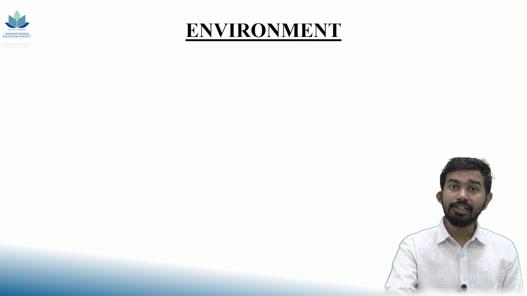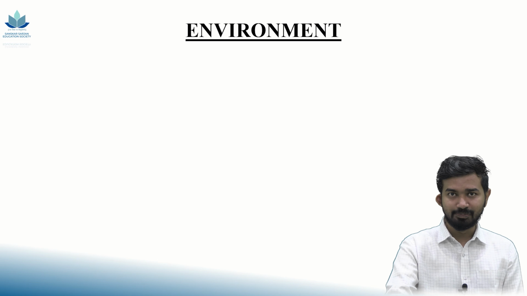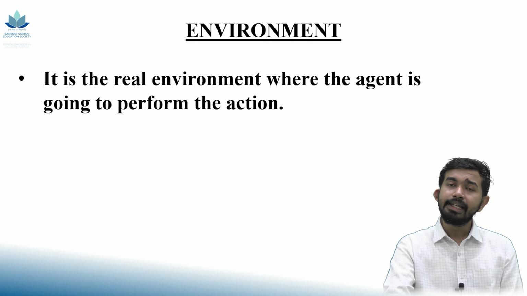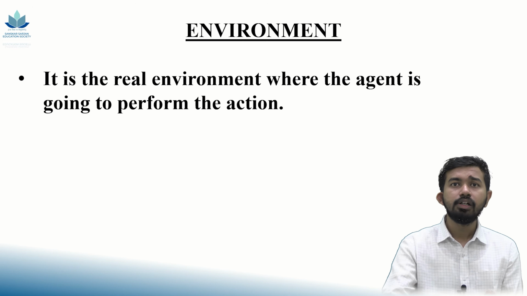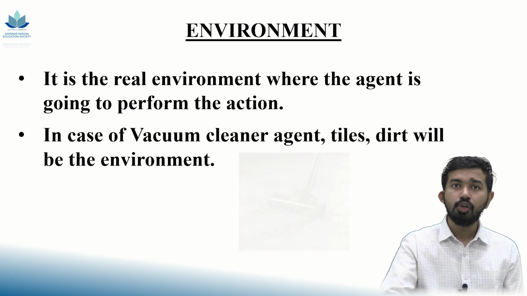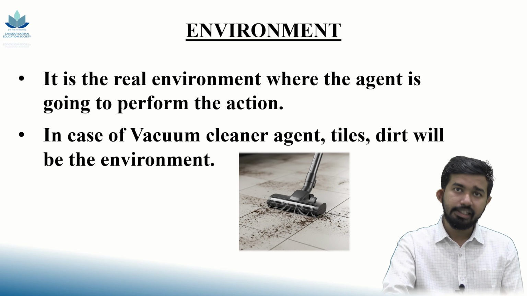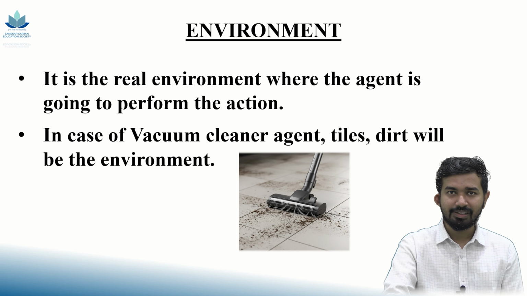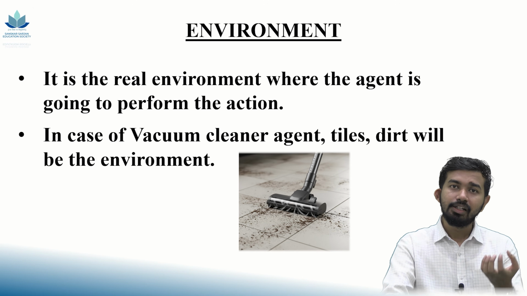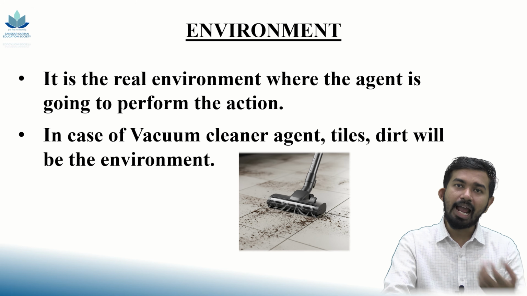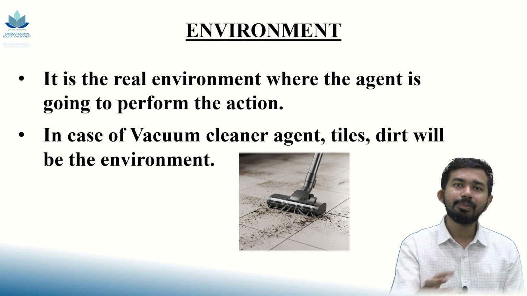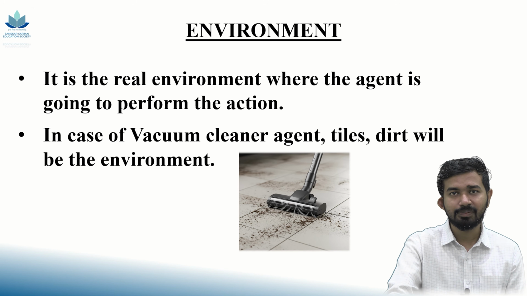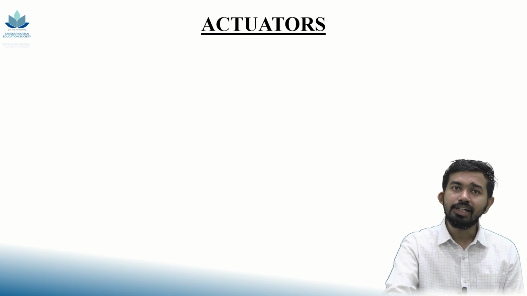Now let us discuss the environment, that is your E. In the case of a vacuum cleaner, the environment will be the tiles and the dirt. It is a part of the environment. Basically, the real place where the agent is actually going to perform the action will be the environment for your agent. Then the next one is actuators.